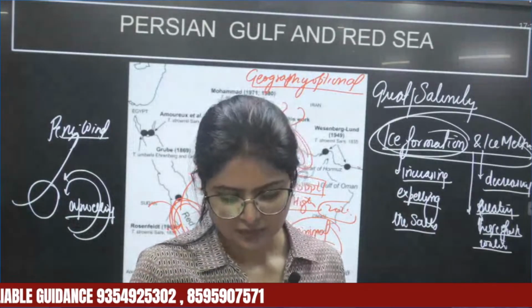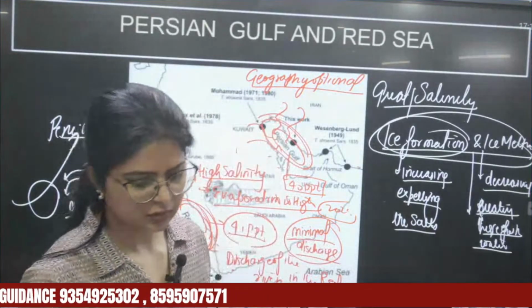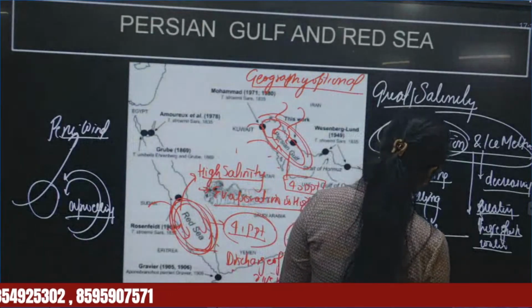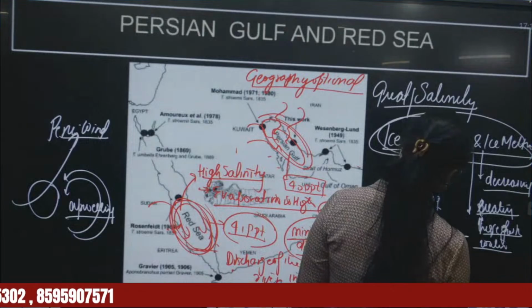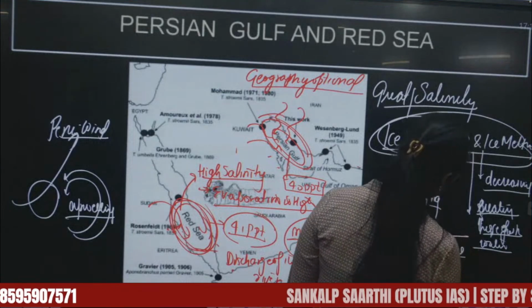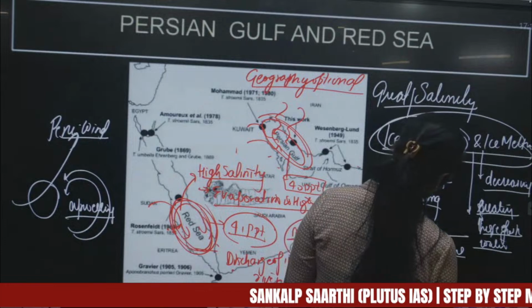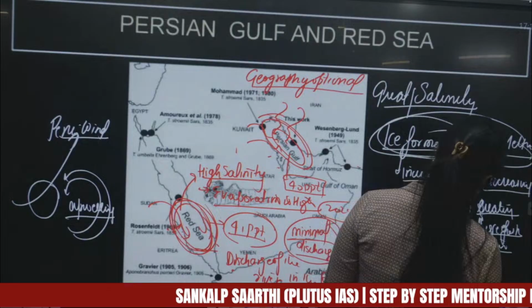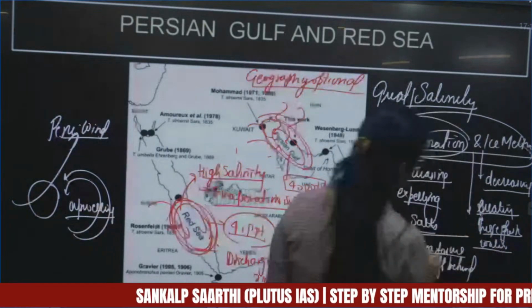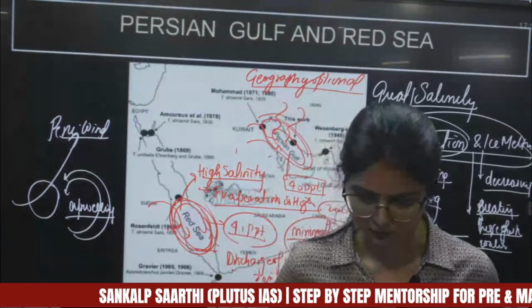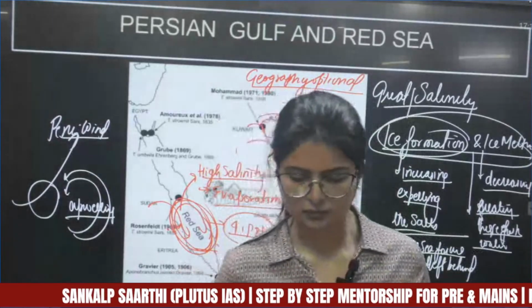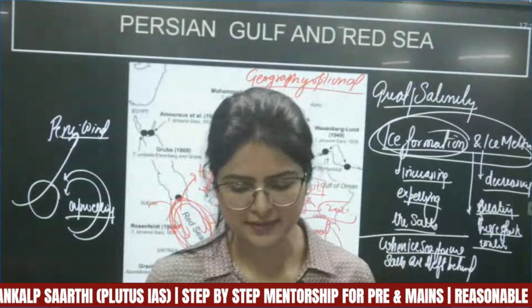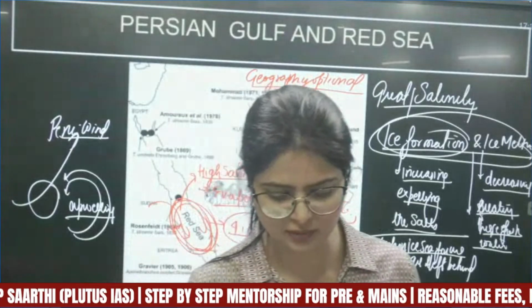When sea ice forms, salts are left behind in the surrounding water, leading to increased local salinity.